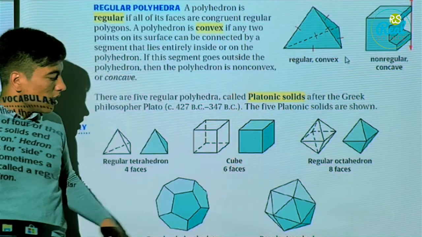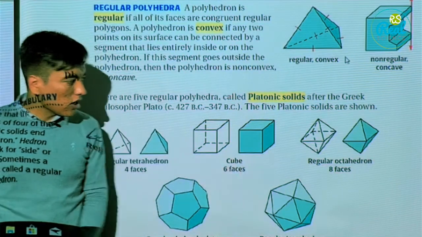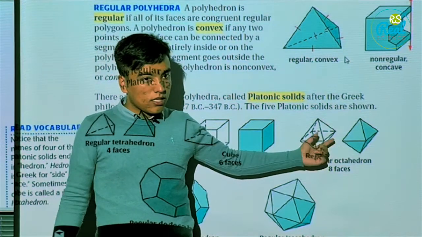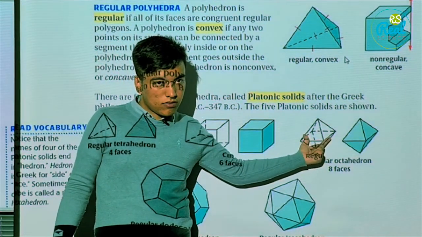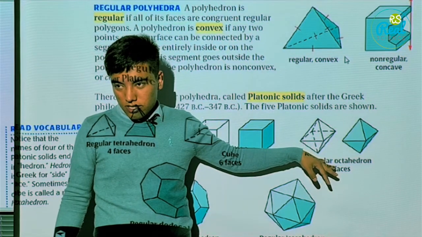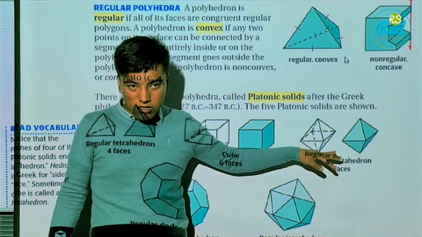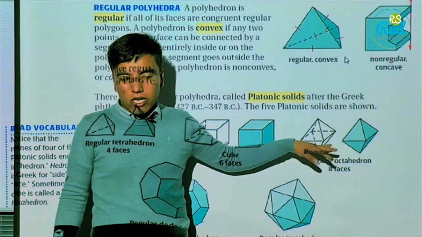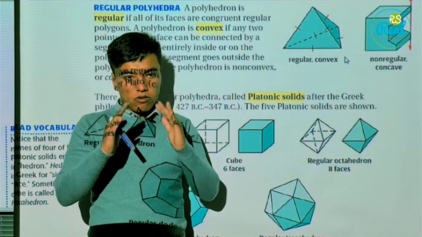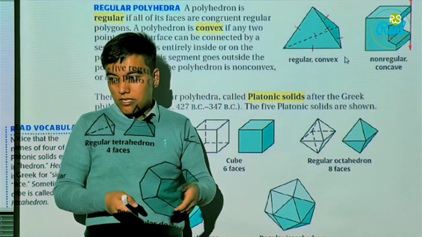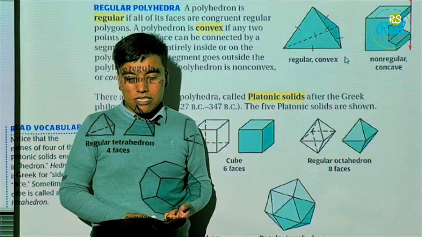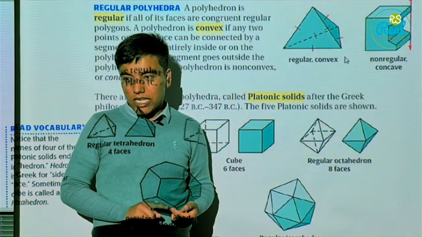Yeah? And regular octahedron. For example, you can see here a pyramid, but below also a pyramid. Yeah? Such kind of figure is called octahedron. Why octahedron? Because 4 triangles above, 4 triangle faces below. Overall, 8. Octa means 8. Hedron means face, 8 faces.